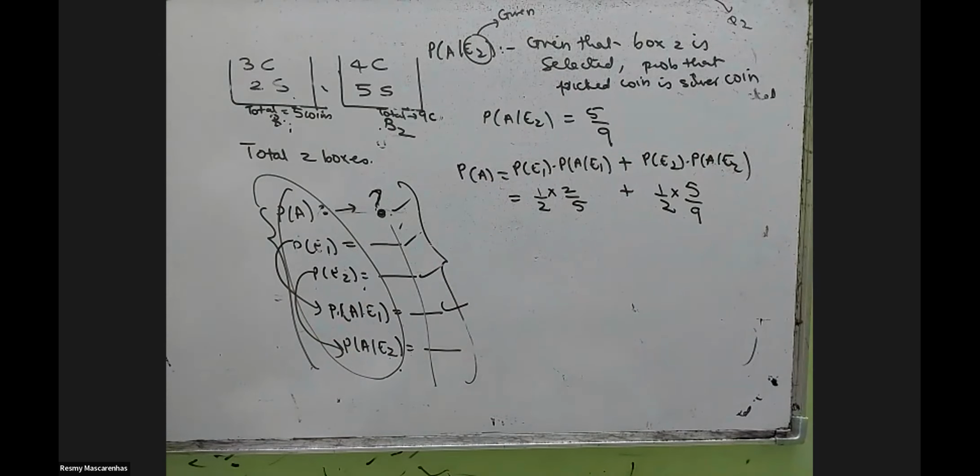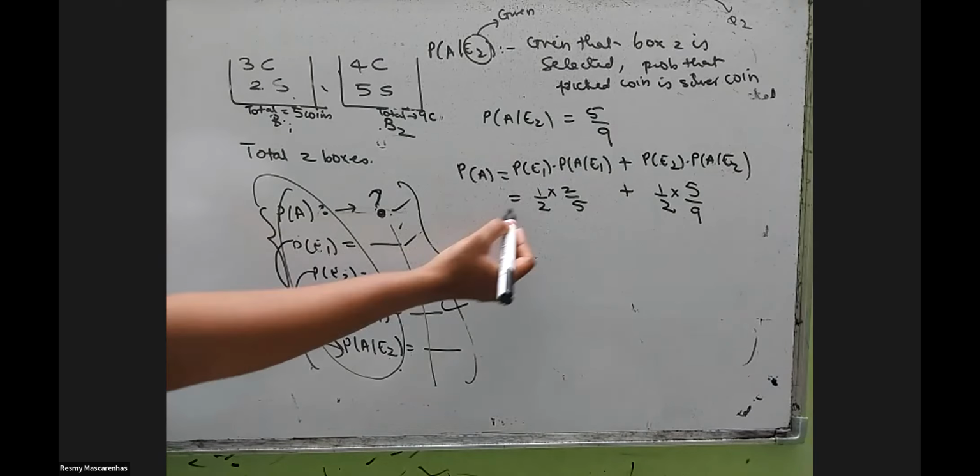You calculate the value and write it down. So 43 upon 90 should be the answer. You can cancel this.